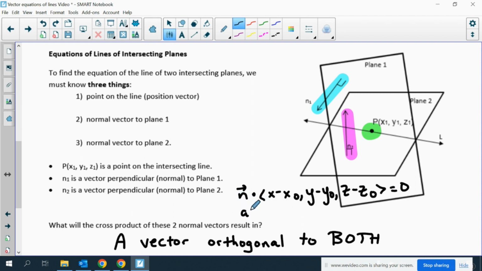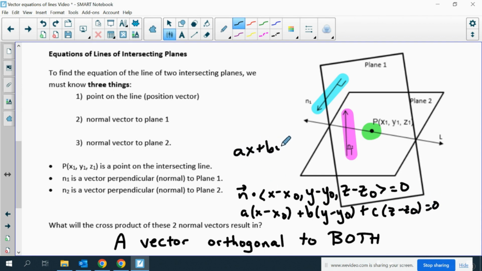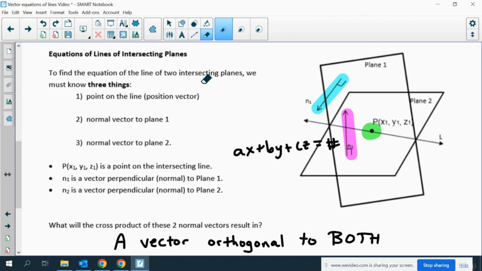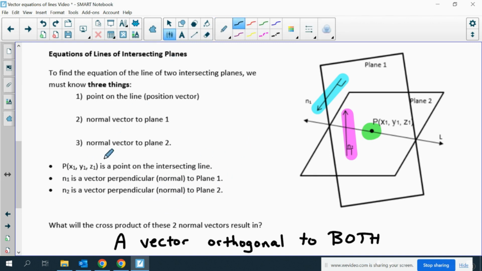So when we did this, we ended up with a times x minus x naught plus b times y minus y naught plus c times z minus z naught equals 0. When you simplify it, you always end up with ax plus by plus cz equals some number. And so what that means is we can very quickly and easily find the normal vector to a plane by just looking at the coefficients a, b, and c. So because of that, when we're given planes, it's very easy to find these 2 things.